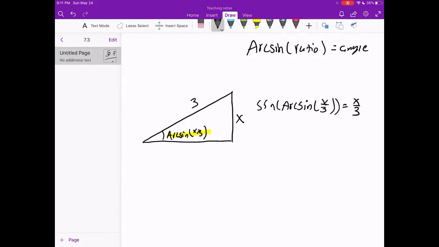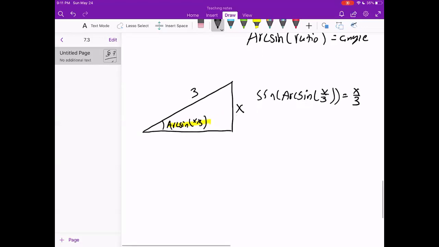And depending on if this were arc cosine or arc tan, that's how you do it. If it were arc cosine, cosine is adjacent over the hypotenuse, so that would tell you what the adjacent and hypotenuse sides are. So if this were arc cosine, the adjacent side would be x, the hypotenuse would be 3. We'll see some more examples of this.